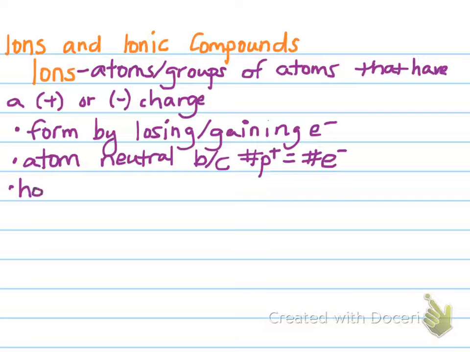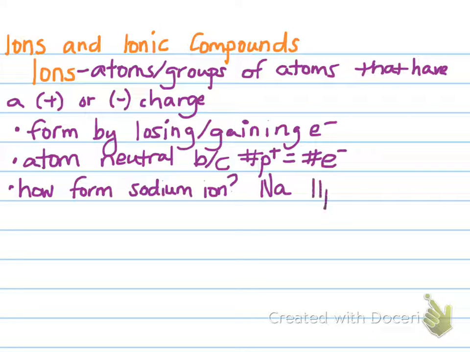So how do we form a sodium ion? Well, sodium has 11 protons, and as a neutral atom, it has 11 electrons.